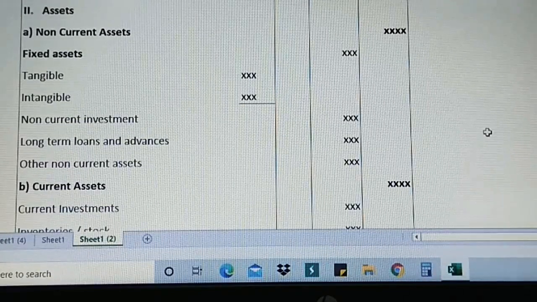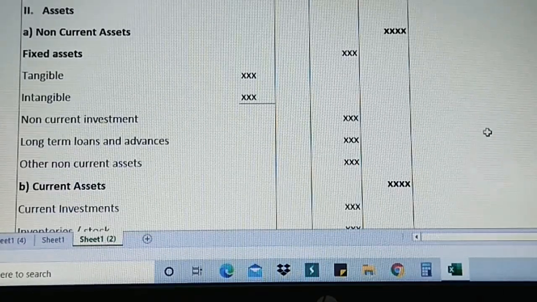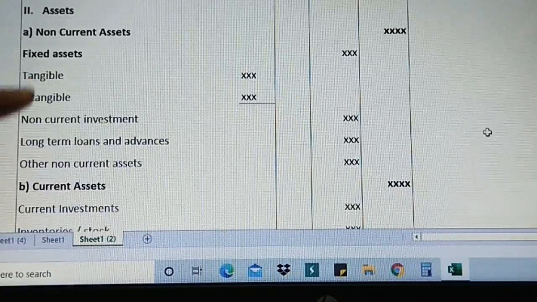So let us see what actually is given here. You have two subheadings. In case of equity and liability, you have three subheadings, but in case of assets, it is two. Very simple. It's non-current and current, which means for a longer period and for a shorter period. So let us observe what is non-current assets. Here you have fixed assets. Fixed assets are divided into tangible and intangible.